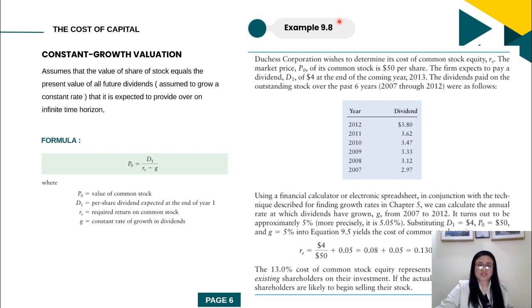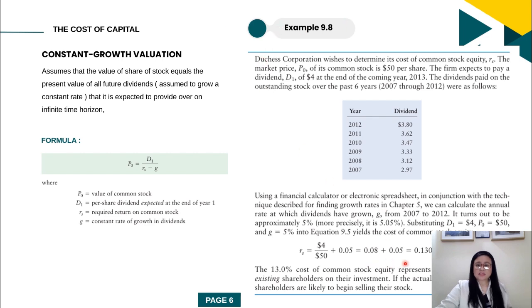What is the concept of this formula? This method assumes that the value of a stock equals the present value of all future dividends, which are expected to grow at a constant rate indefinitely. For example, to find the rate, let's substitute 4 divided by $50, which equals 0.08.